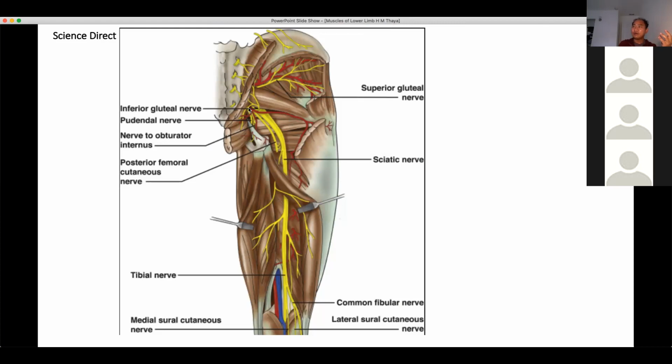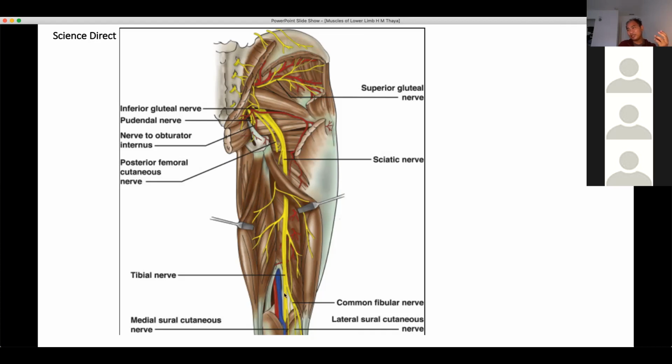We can damage the sciatic nerve. That's the way it goes, coming out from the sacrum. Its roots originate from the sacrum, then it comes underneath the piriformis and runs posteriorly in the back of the thigh and downwards.